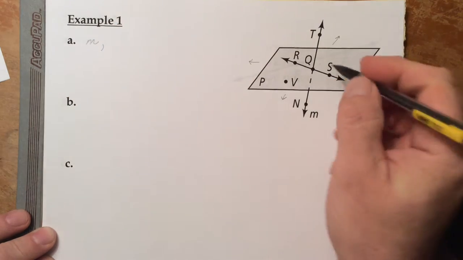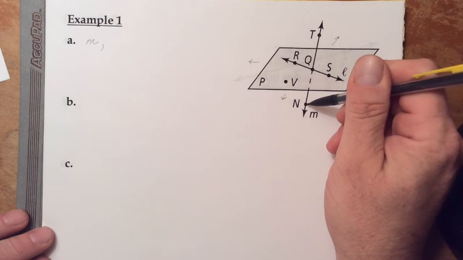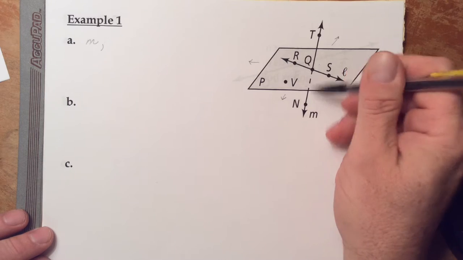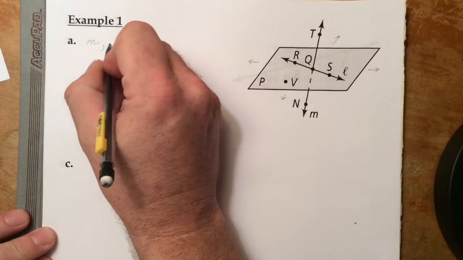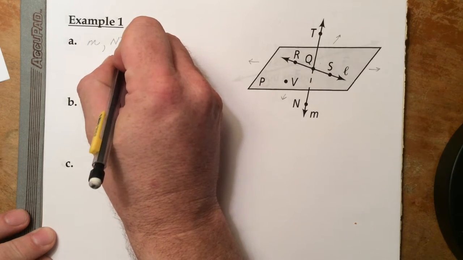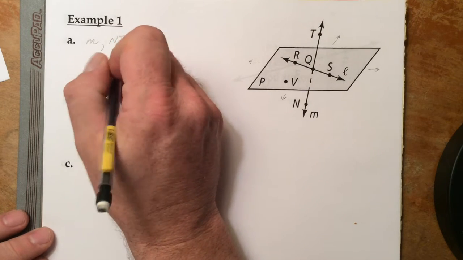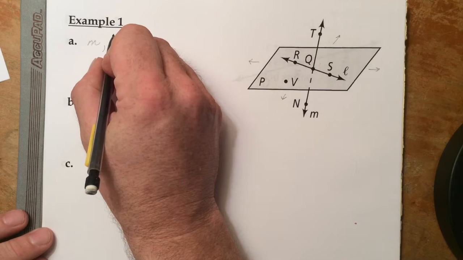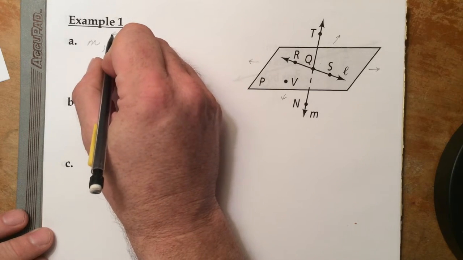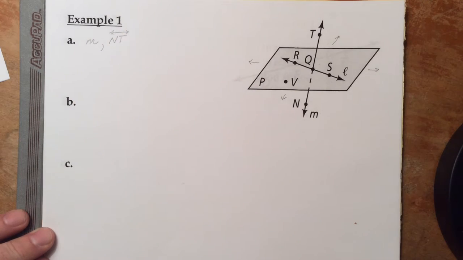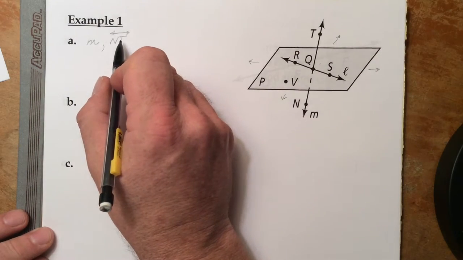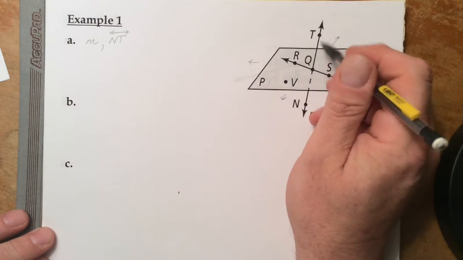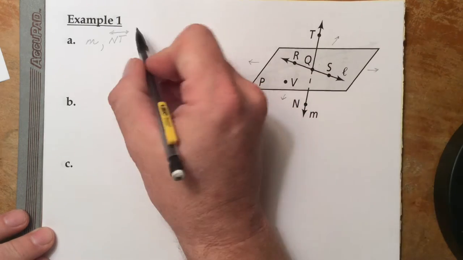And another way we can name it, I'm going to use point N since it's on the line, and I'm going to use point T. So line NT. So you write both the points on the line, and then you draw a line over it. Remember, arrows need to be on both sides of that line. These are two different ways to state line QT. Now there's some other ways to do it.